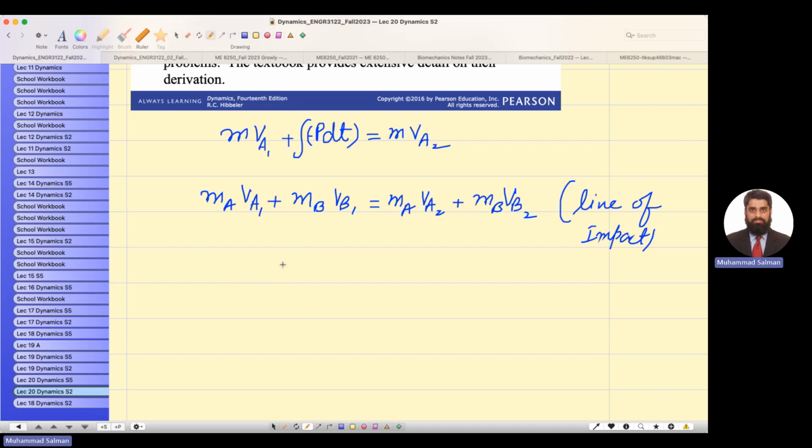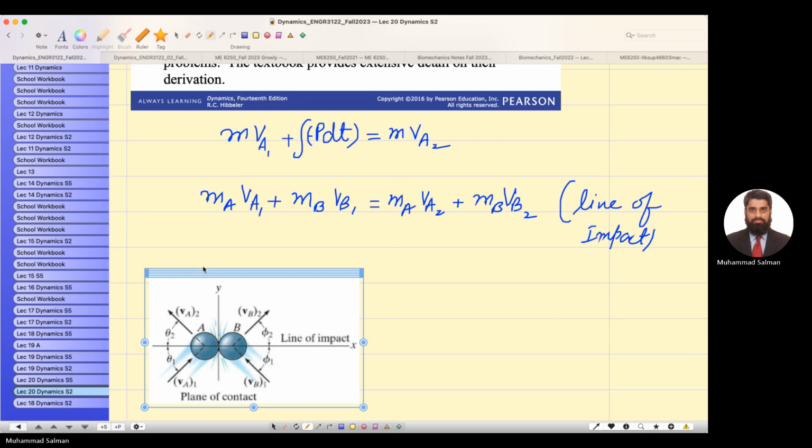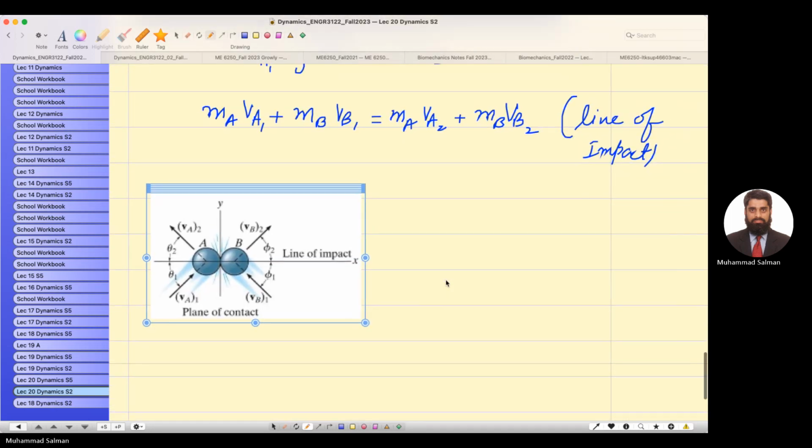So if the particle, look, if I show you the particle here, this is an oblique impact.